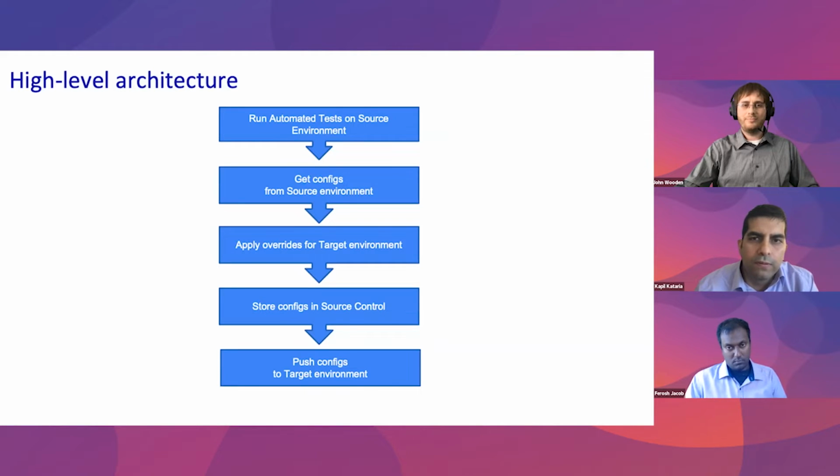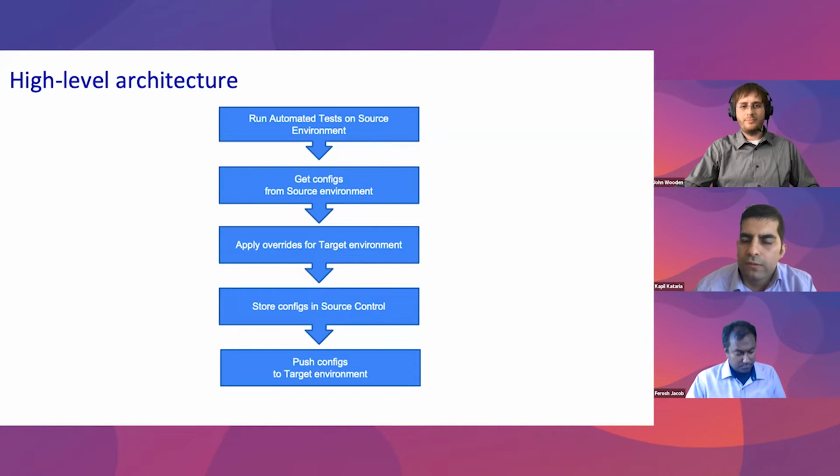Before even running the promotions, we run BDD test cases so that we know the environment we are promoting from looks good, we don't have any failed test cases, and we don't promote any bad changes from the source environment to the target environment.